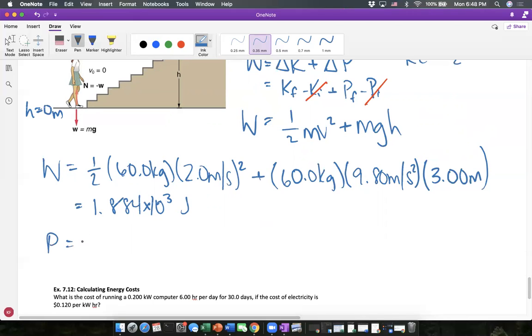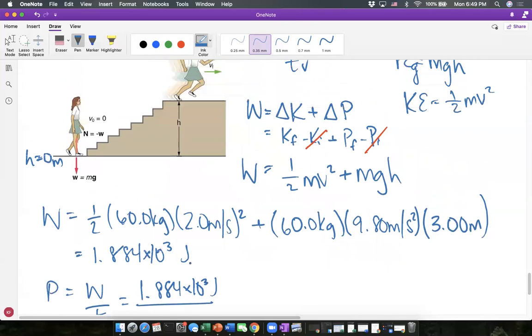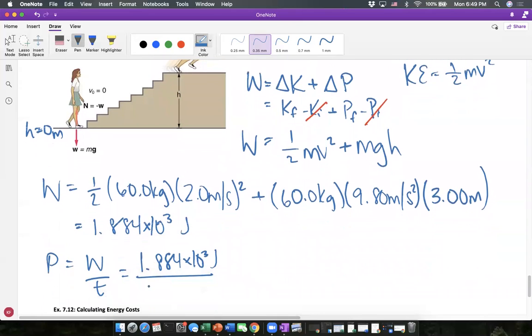To solve for my power, I take my work and divide it by my time. So I have 1.884 times 10 to the third joules divided by my time, which is 3.5 seconds. That is going to equal about 538 joules per second, or 538 watts.